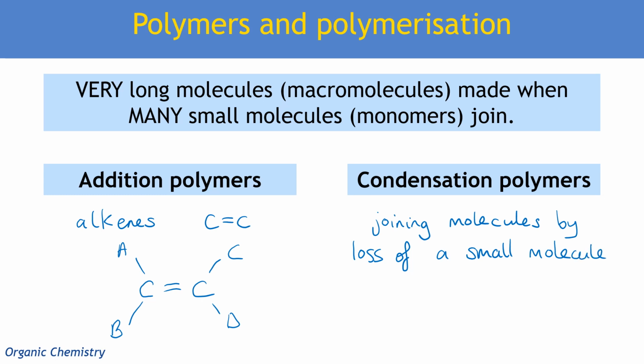It could be HCl. There are other small molecules that could be lost. Our traditional example at GCSE is carboxylic acids and alcohols, but it could be other functional groups, and we'll have a look at some examples of those. But the idea is these are not alkenes. These are things where we can take off a small group of atoms, such as an H and an OH, and make a small molecule such as water, and then join the other atoms together.